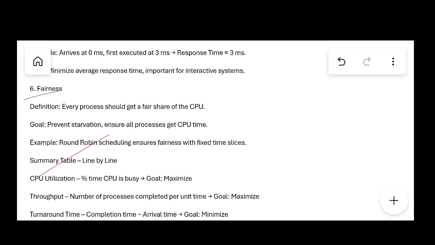Same with the CPU. For example, round robin scheduling gives each process a fixed time slice, so this prevents starvation and ensures fairness. Fairness often comes at a trade off. Perfect fairness might slightly reduce throughput, but it keeps all processes alive.